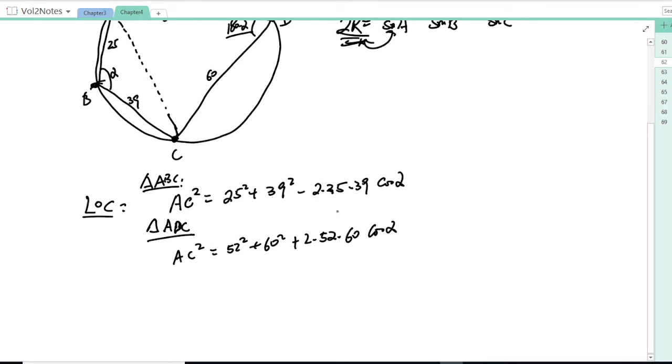By doing this, we can directly solve for cosine alpha. So cosine alpha is 25 squared plus 39 squared minus 52 squared minus 60 squared, over the rest.